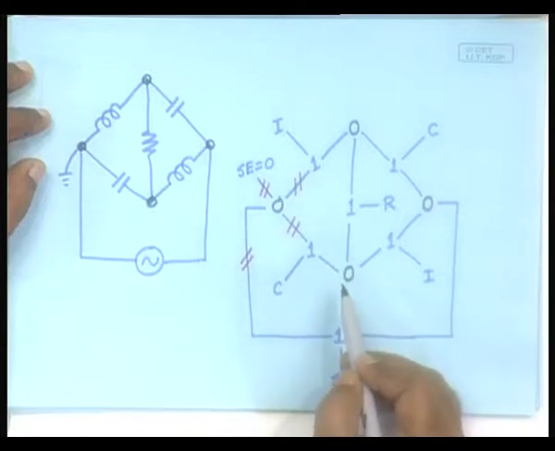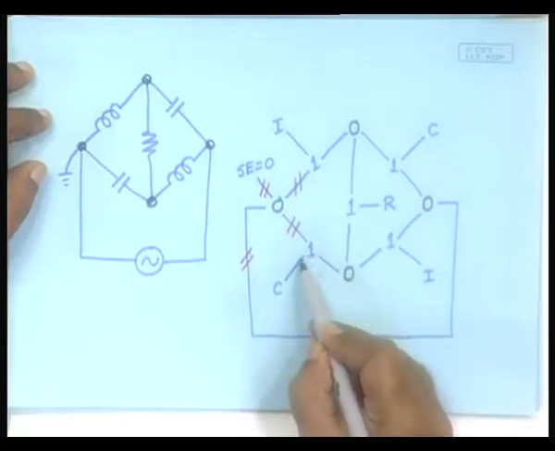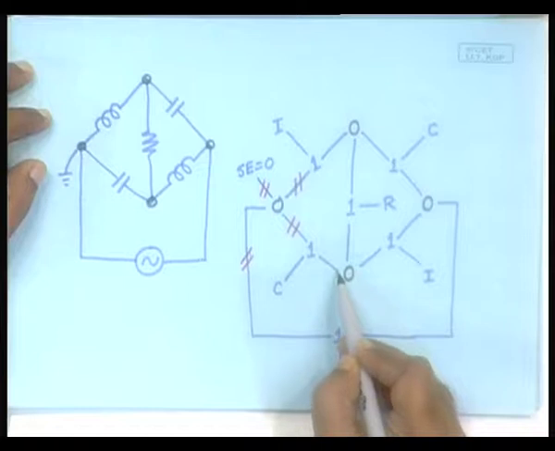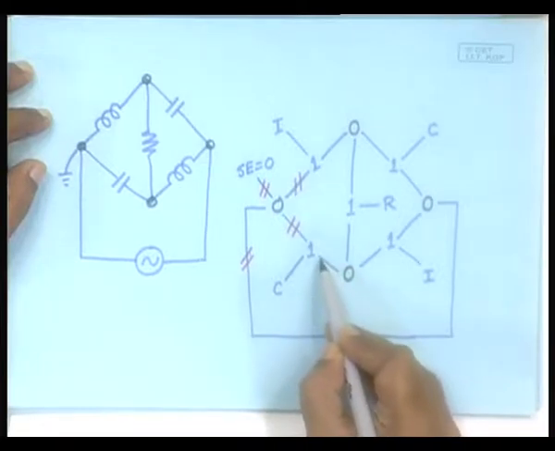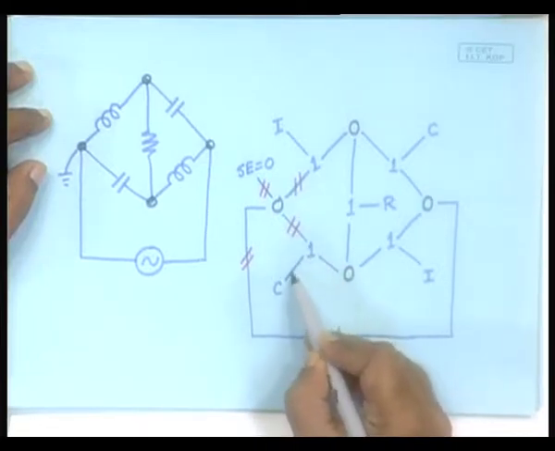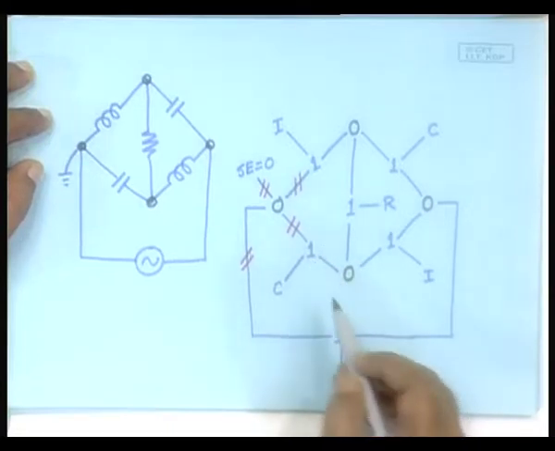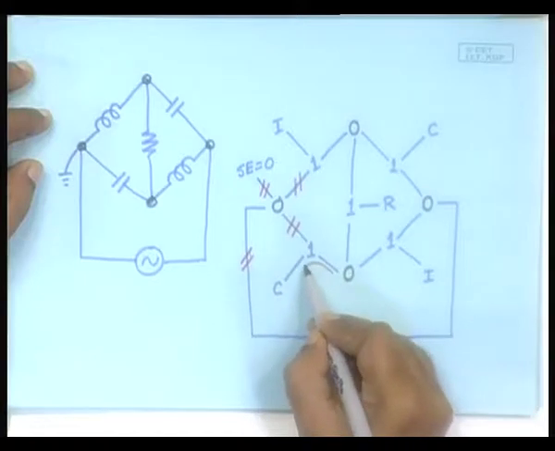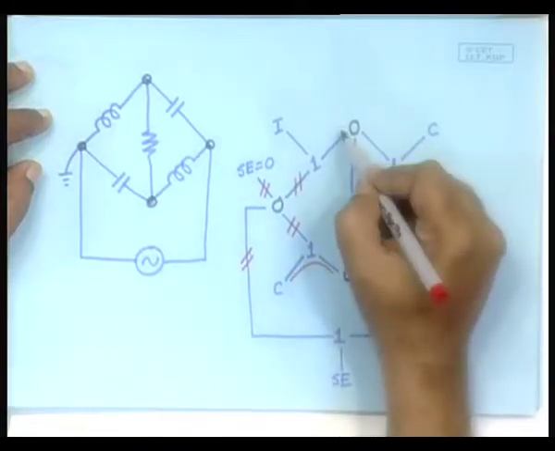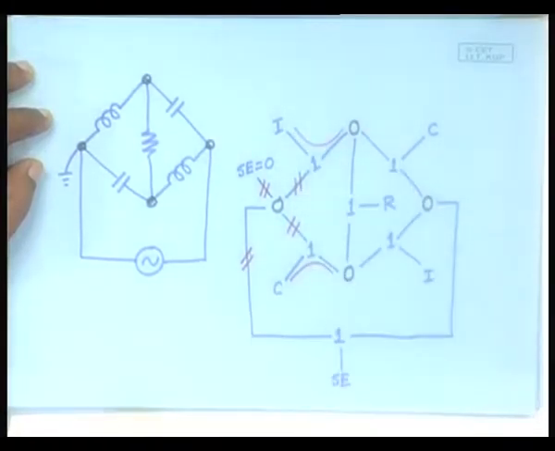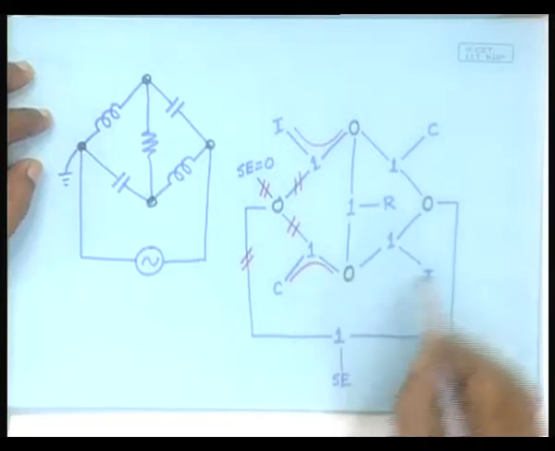Now, the moment you do that, you find that this becomes a through junction. Whatever are the efforts and flows in this bond will be the same as the efforts and flows in this bond, and therefore this 1 junction is unnecessary. So, we can connect it through. Similarly, here through. Similarly, here this is not there, so this can be a direct connection.